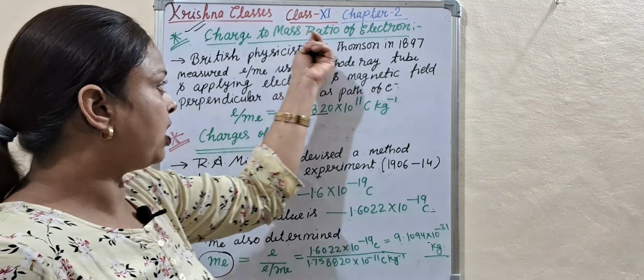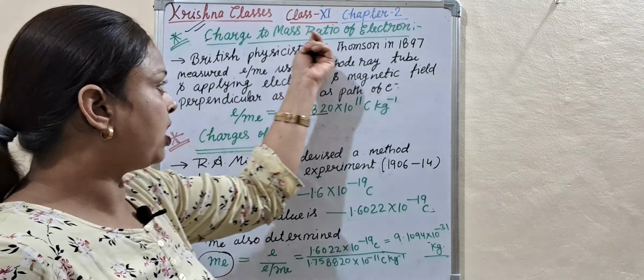British physicist J.J. Thomson in 1897 measured e/m_e, the charge to mass ratio of electron, using a cathode ray tube and applying electrical and magnetic fields. What did he use?